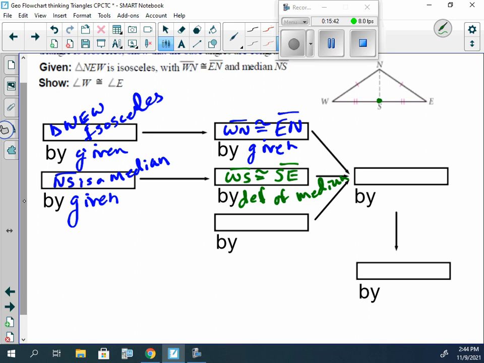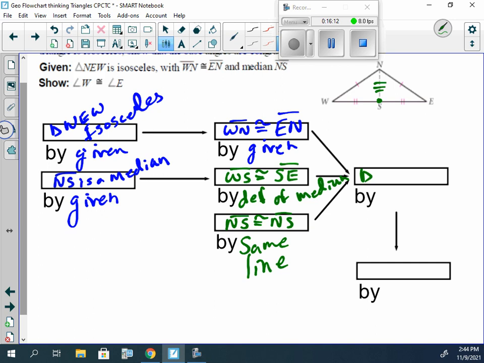So we have two sets of congruent sides. We either need a set of congruent angles or a set of congruent sides. We do have a set of congruent sides saying that NS is congruent to NS. It is the same line. So can we say the two triangles are congruent?